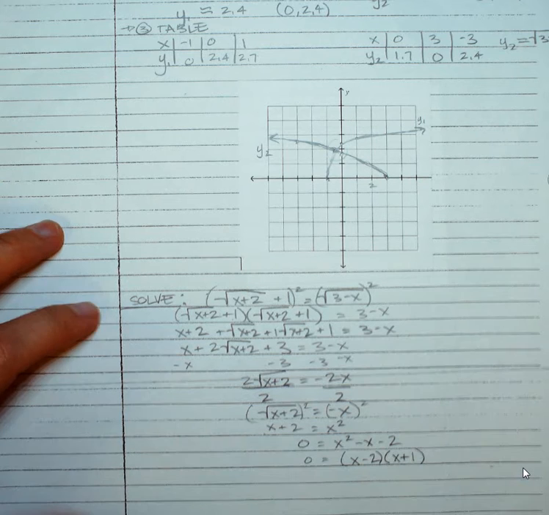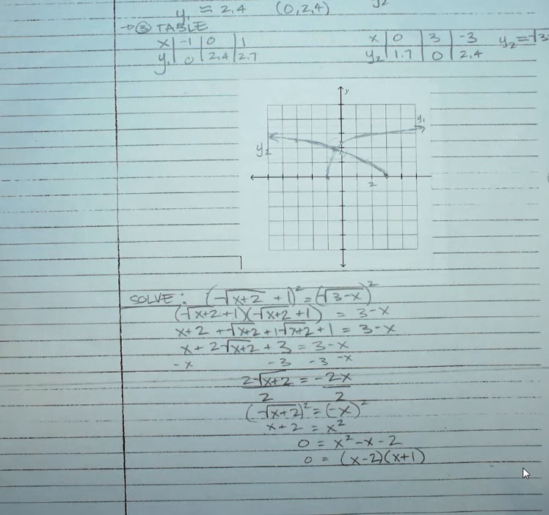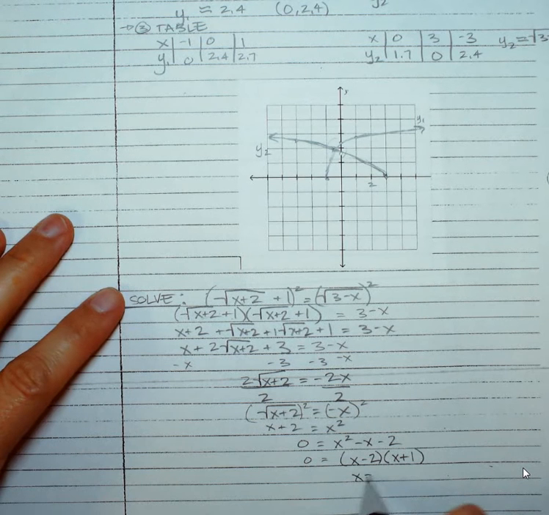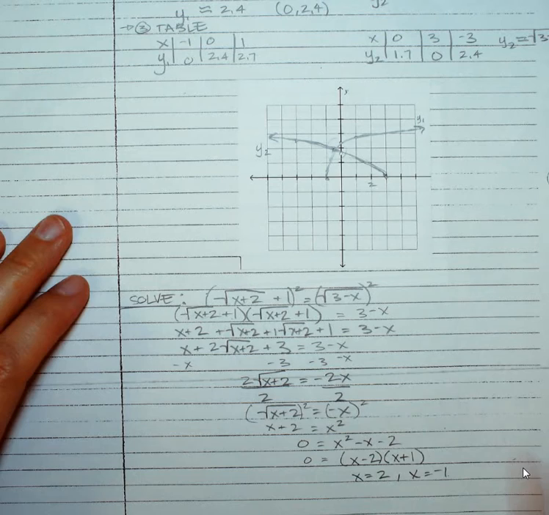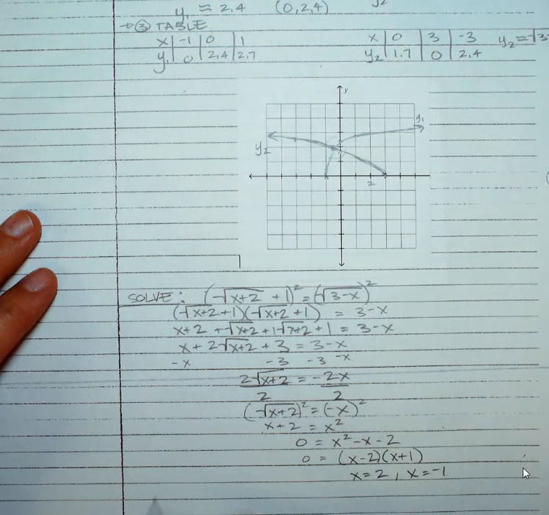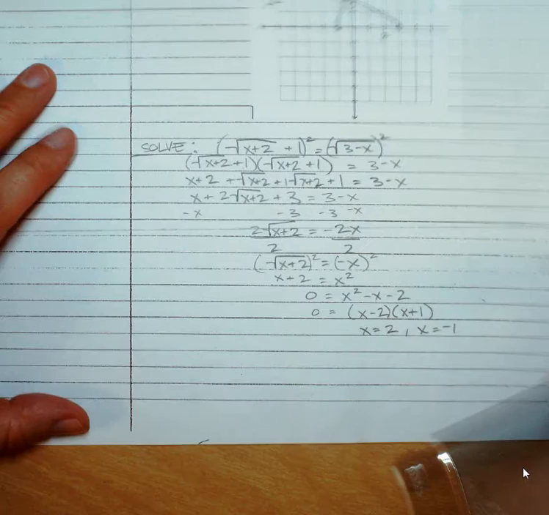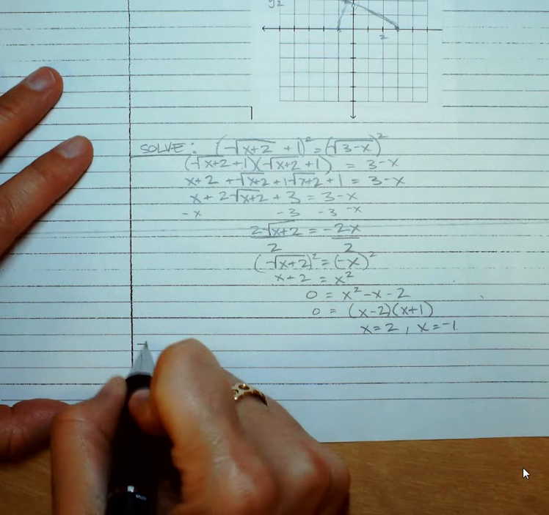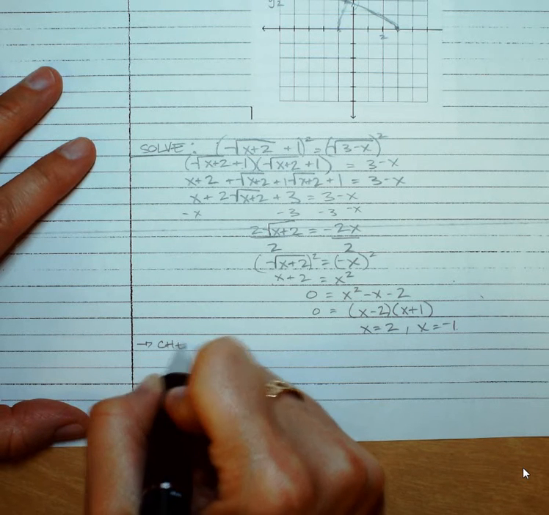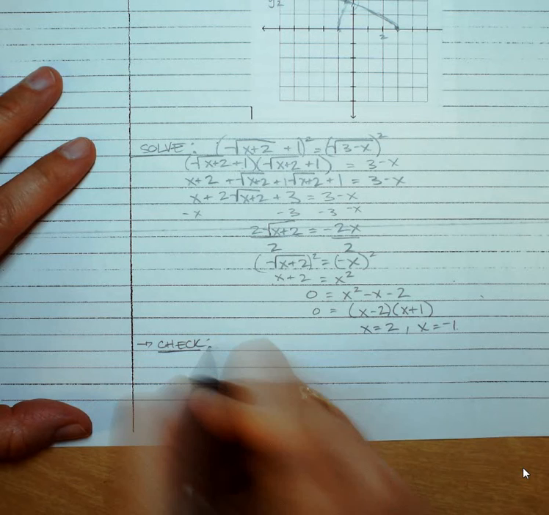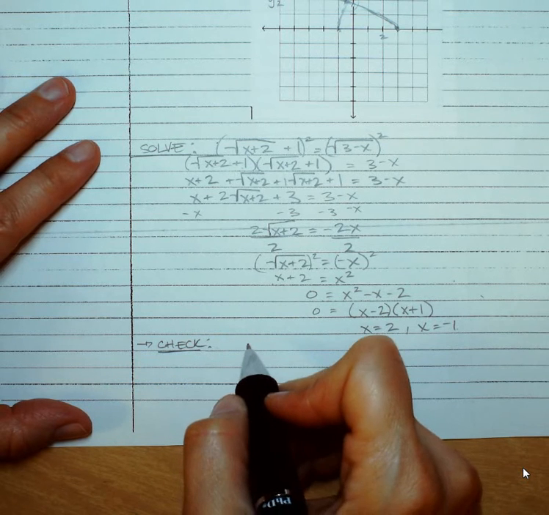Let me double check that. Yep. So that means x equals 2 is a possible answer, and x equals negative 1 is a possible answer. Neither of those really look like our graph, so let's check them both. Maybe they're both extraneous. But it crosses somewhere, so it must work at some point.